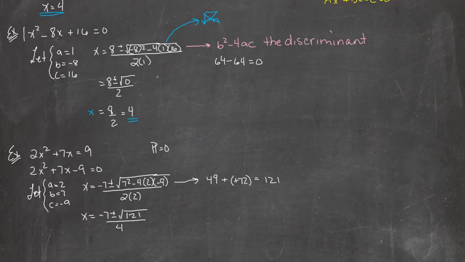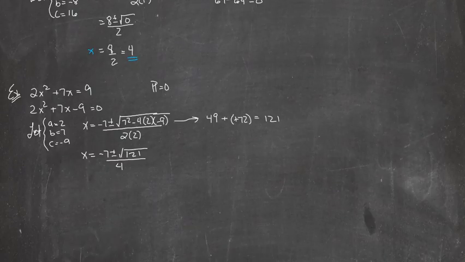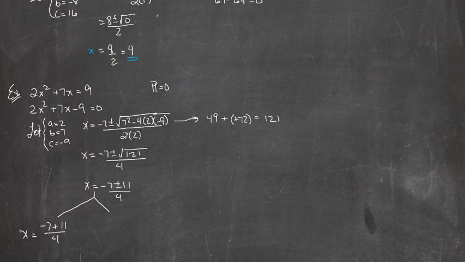Please don't skip steps. I want you to write this step out, at least in the beginning while you're learning how to do this. And so x equals negative 7 plus or minus, well, the square root of 121 is 11 over 4. And now we've reached a point where we have to separate it into our two choices. So I have negative 7 plus 11 over 4. x equals that. And x equals negative 7 minus 11 over 4.